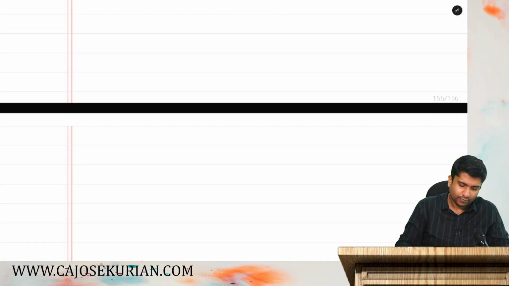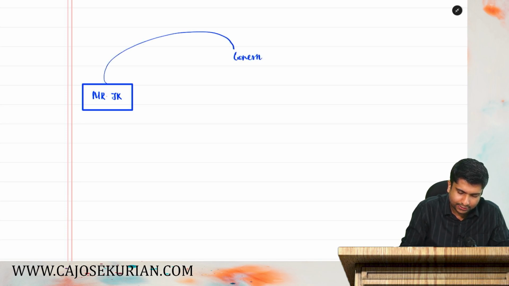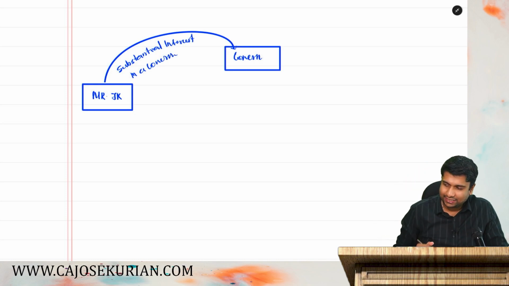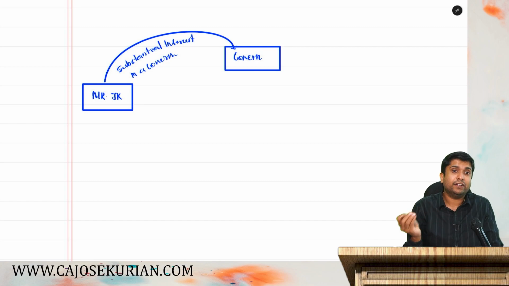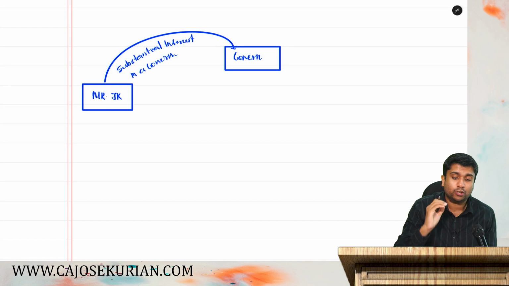So let's understand what exactly is this. Say for example, I am Mr. JK. I have substantial interest in a concern. What do you mean by substantial interest? Substantial interest simply means a person having voting right in a particular company, and that voting right should be at least 20% or more.